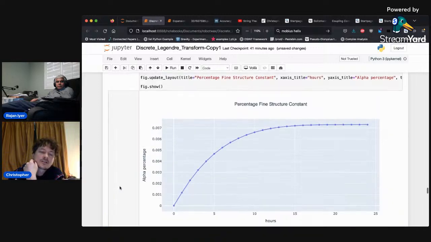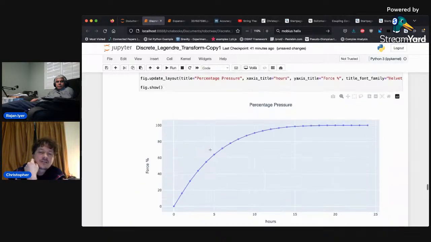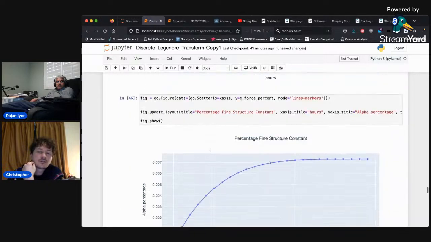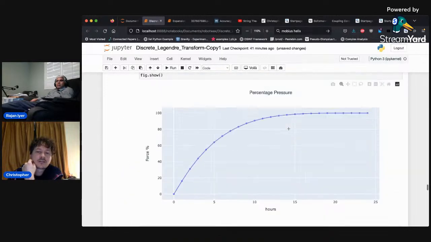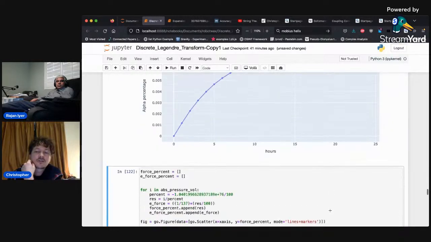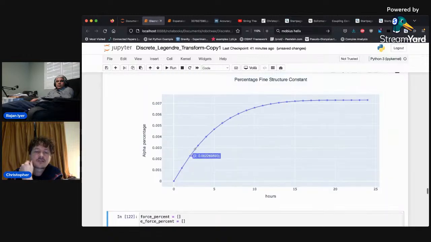If there's a relationship between the pressure and the magnetism, or the alpha fine structure constant, then that's going to change as the universe grows, because the pressure percentage is growing up to 100% in the first 24-hour period. So the fine structure constant would also have to grow in that time.